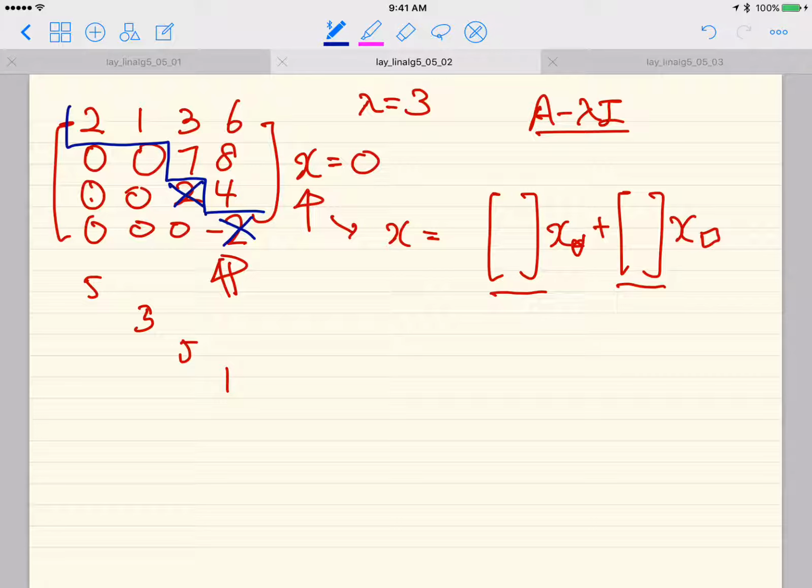So in this situation, you have a one-dimensional null space, which was called the eigenspace for this eigenvalue. The eigenspace is basically the null space of A minus lambda I for a particular lambda. So that has the special name of eigenspace, and the dimension of the eigenspace is just 1, right?